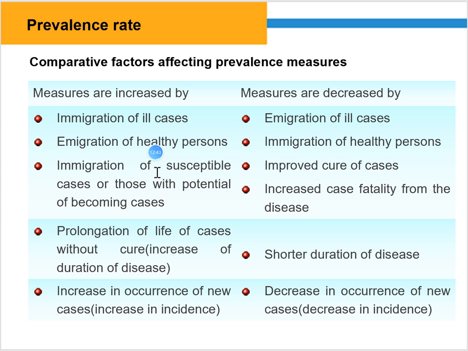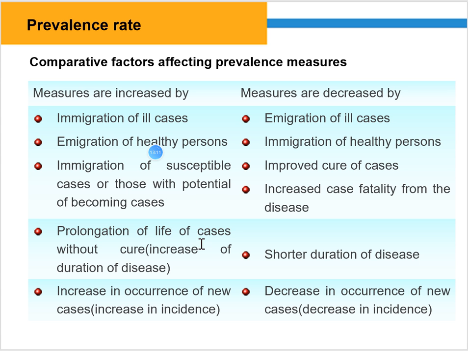These are comparative factors affecting prevalence measures. Measures are increased by: 1. Immigration of ill cases. 2. Emigration of healthy persons. 3. Immigration of susceptible cases or those with potential of becoming cases. 4.